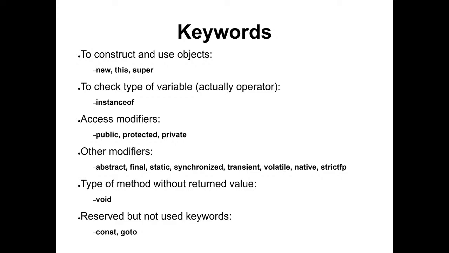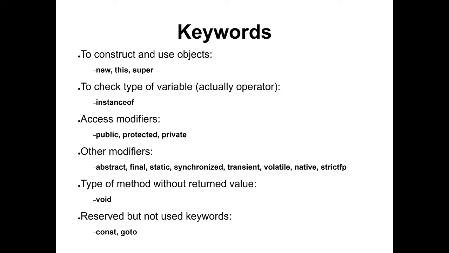Then super, if you want to access the superclass, we'll talk about it as well. The instanceof keyword, if you want to check if A is an instance of B, we'll talk about it as well.